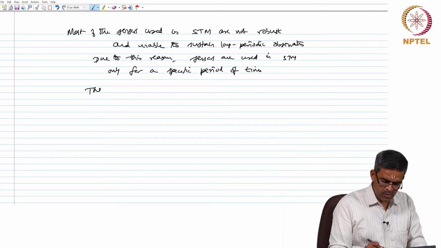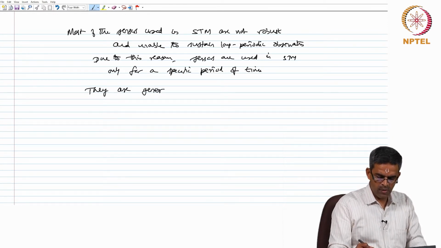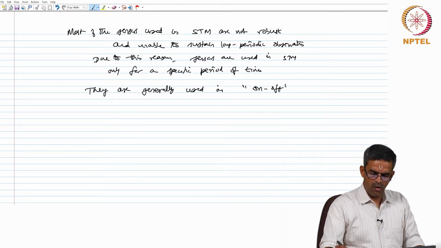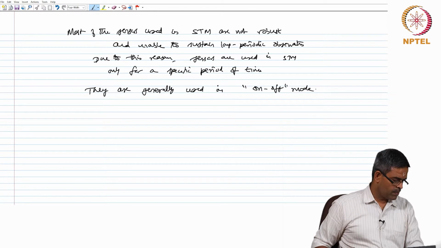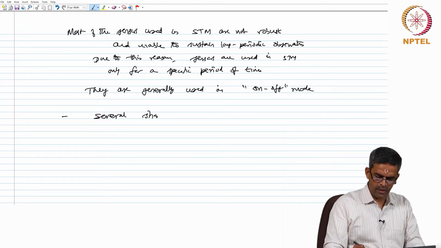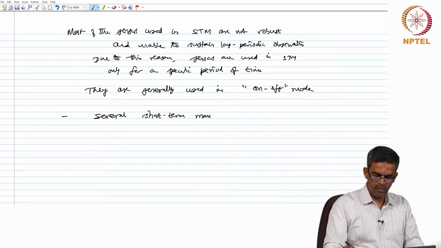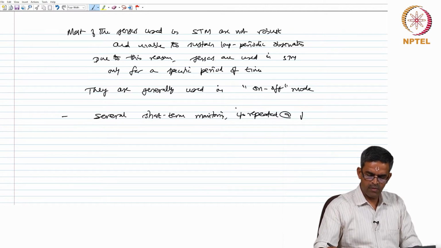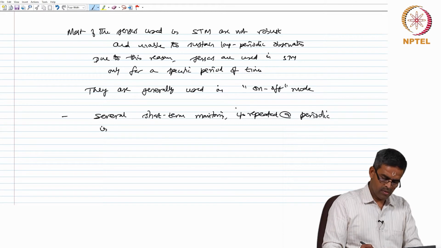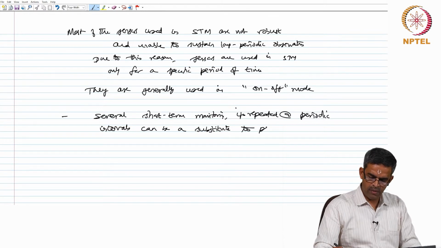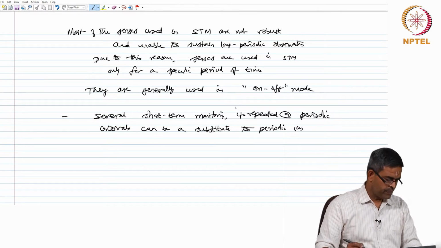They are generally used in on off mode. It is interesting to know that several short term monitoring if repeated at periodic intervals can be a substitute to periodic or long term monitoring.